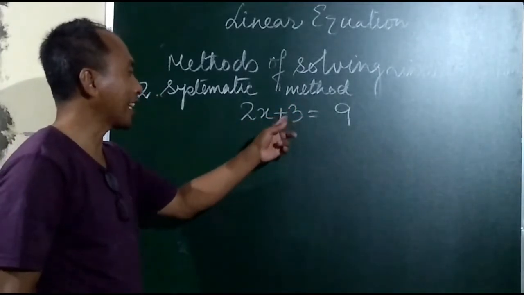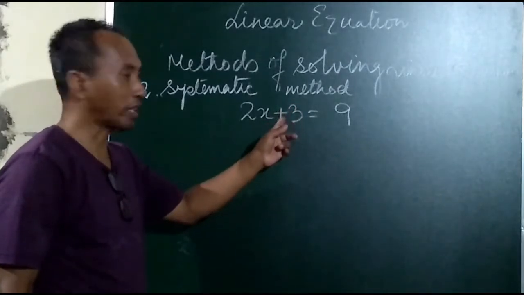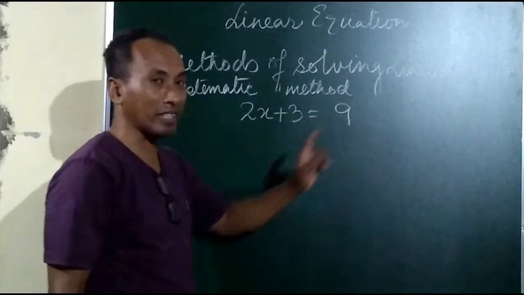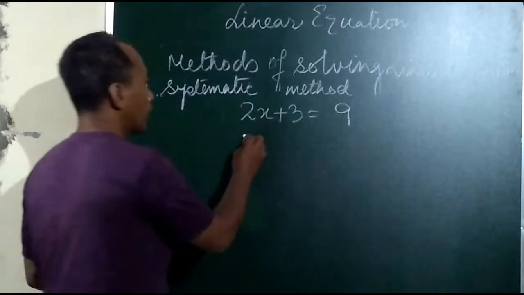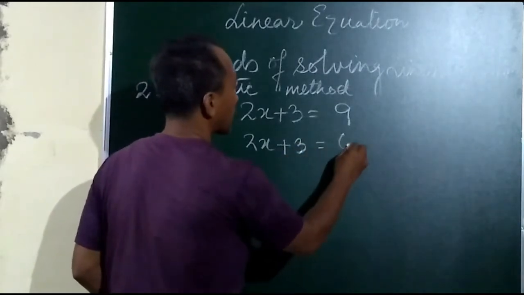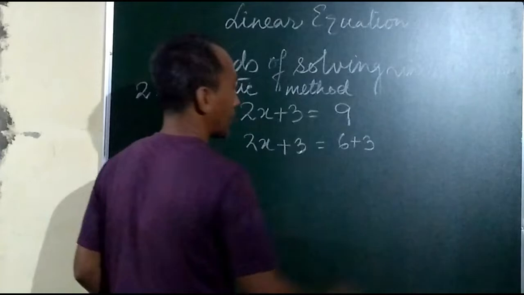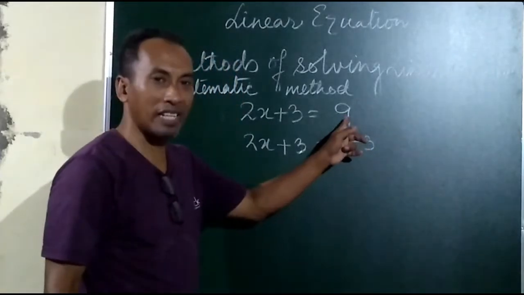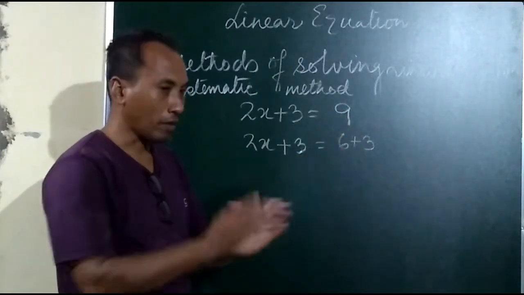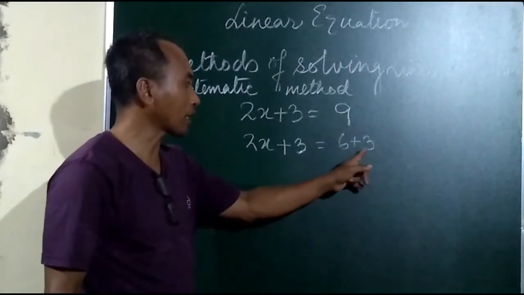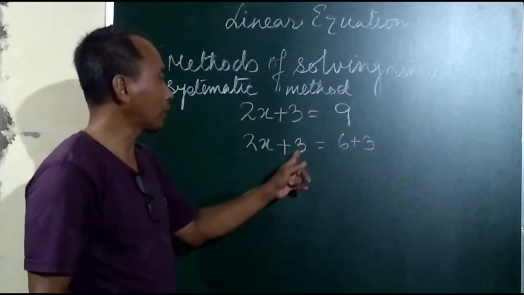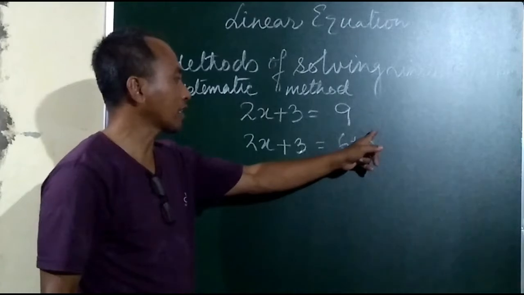We have a constant 3 on the left hand side, so the right hand side constant can be made 2x plus 3 equals 6 plus 3. 6 plus 3 is 9, correct? 9 is divided into two parts as 6 plus 3, because we have a constant 3 here, so we make another constant 3 on the right.